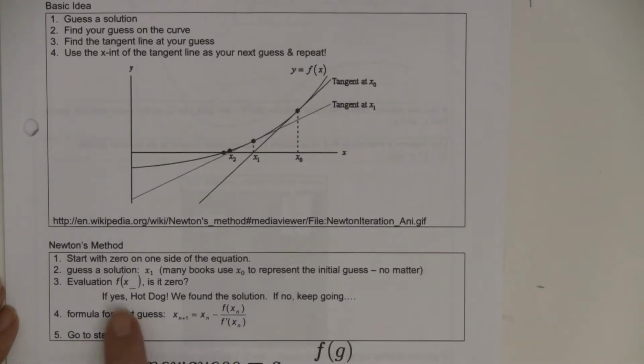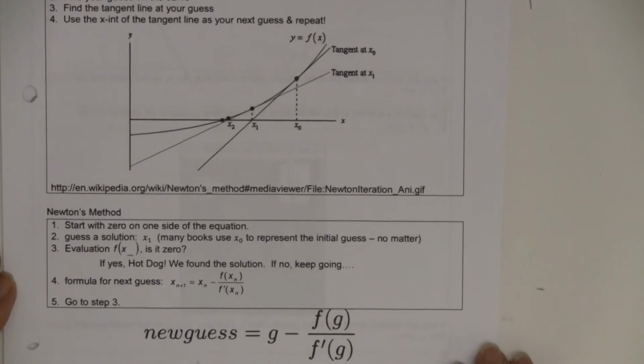So okay, and then you evaluate f of x1. Is it 0? If it is, then you actually found the solution. If no, then you would use this formula right here. This is x sub n plus 1 equals x sub n minus f at x sub n divided by f prime of x sub n.